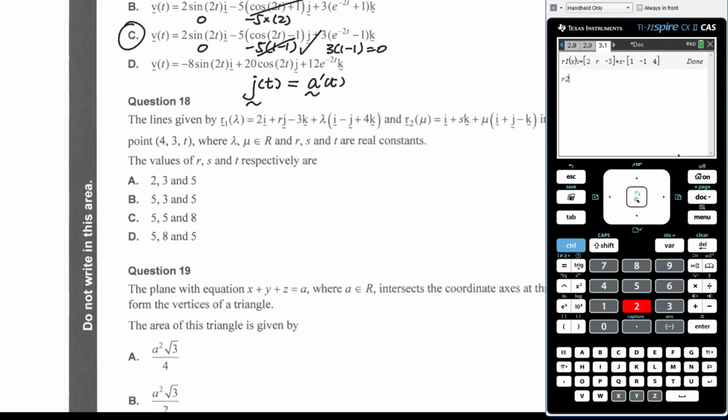And R2 of y is assigned to 1, 0, s. We don't have a j component, plus y times 1, 1 minus 1. The next thing is I'm going to say R1 of x equals to 4, 3, t. And the next thing is R2 of y is equal to 4, 3t, because that's the common point of intersection.